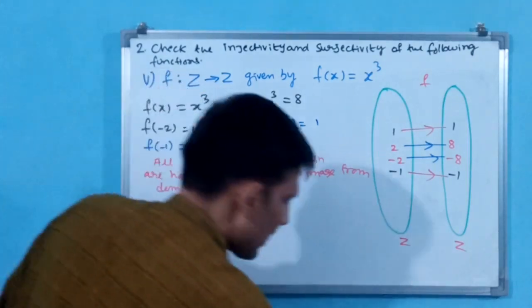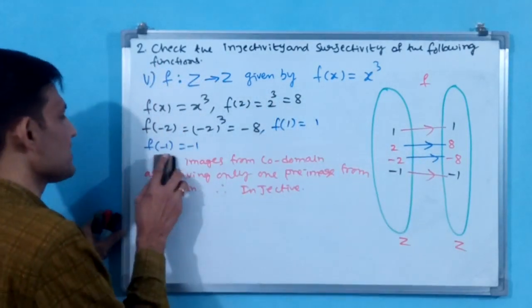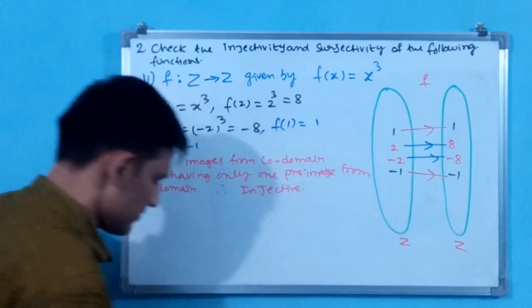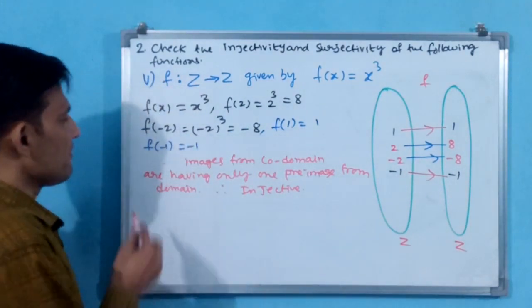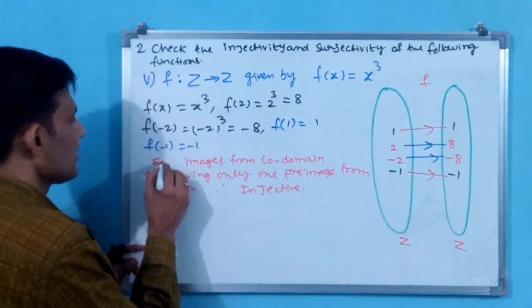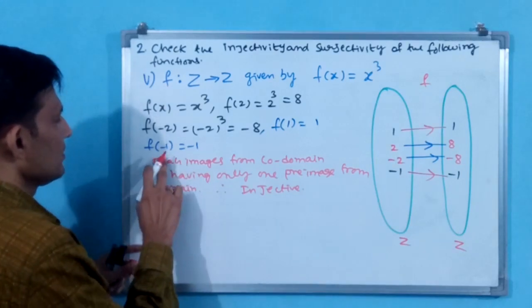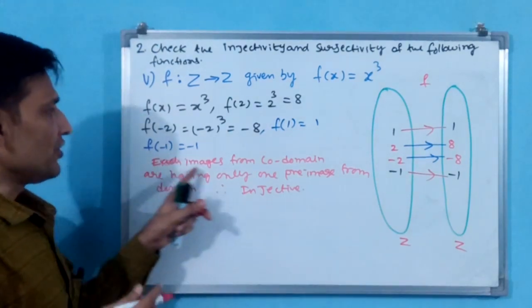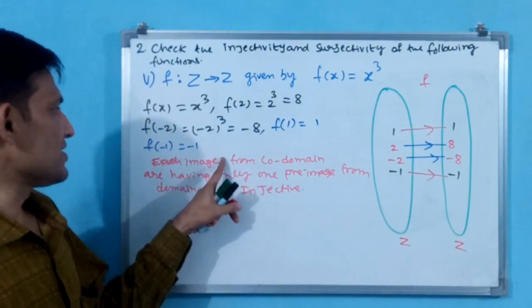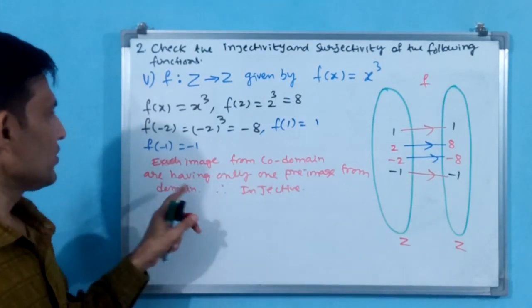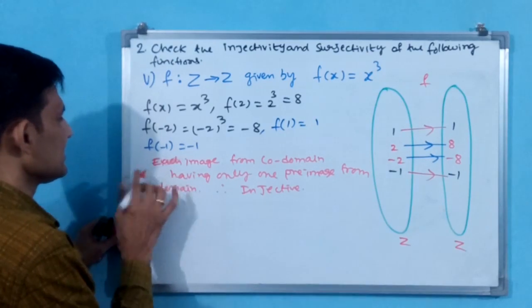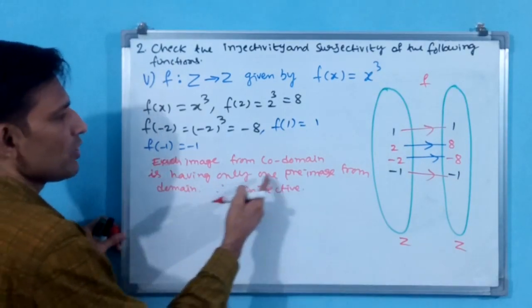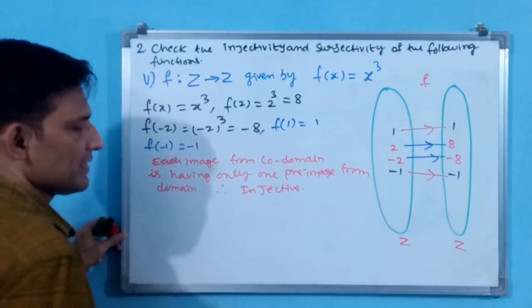Rather than all, what I do? Every, you write. Every image or each image from codomain is having only one pre-image from domain.